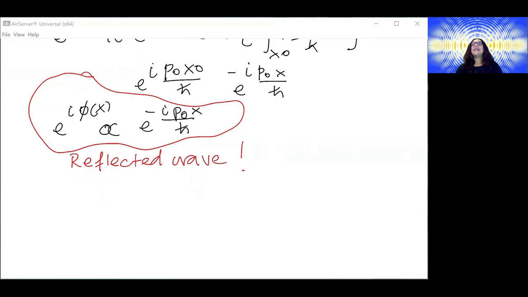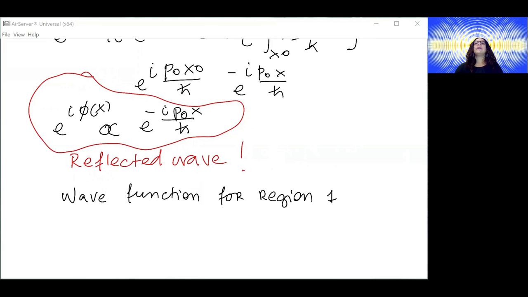So we can say that the wave function for region 1 is psi_1(x), which is equal to psi_i(x) plus psi_r(x).